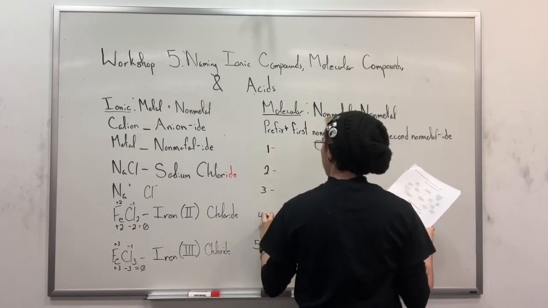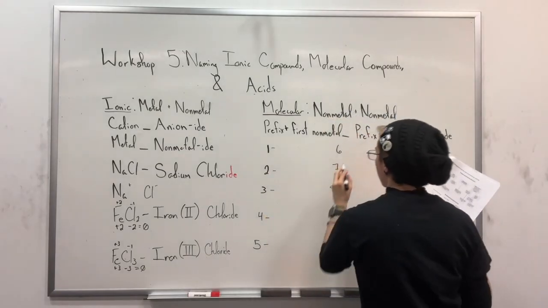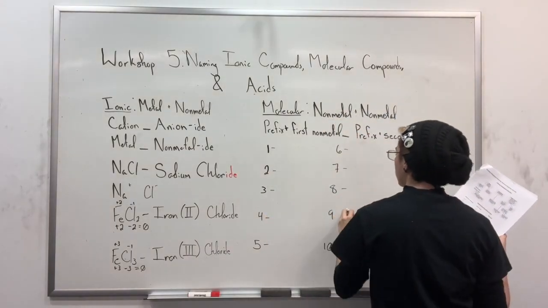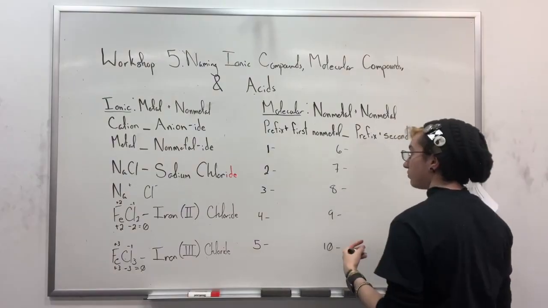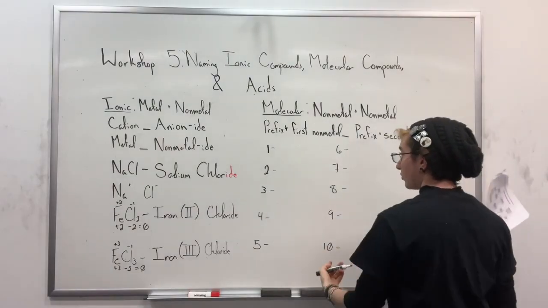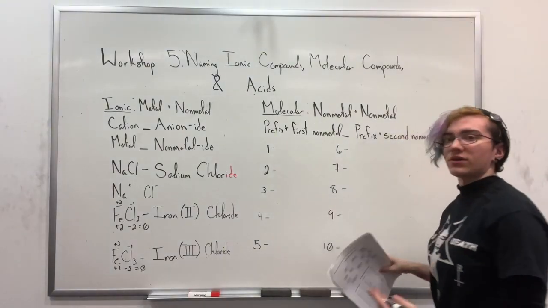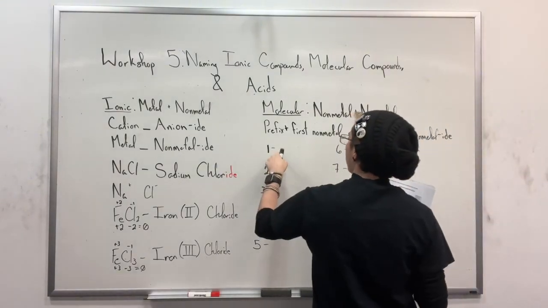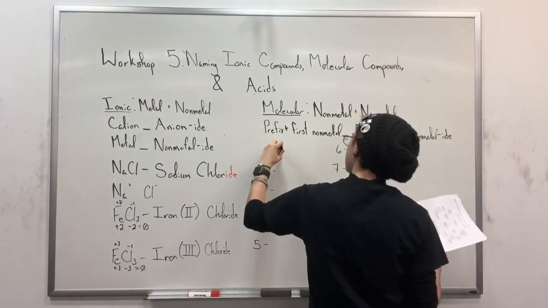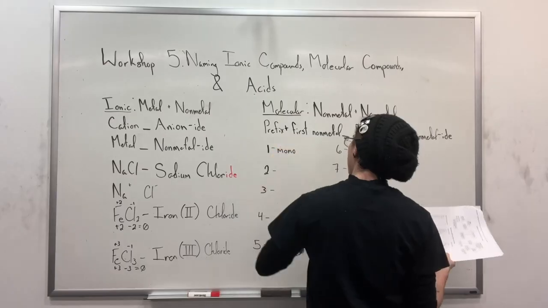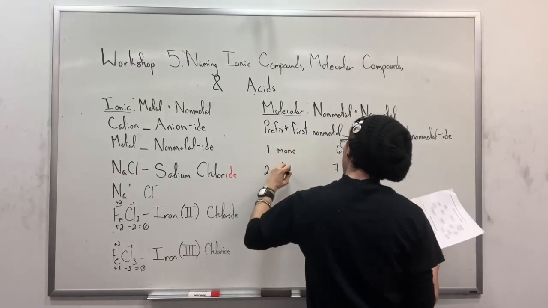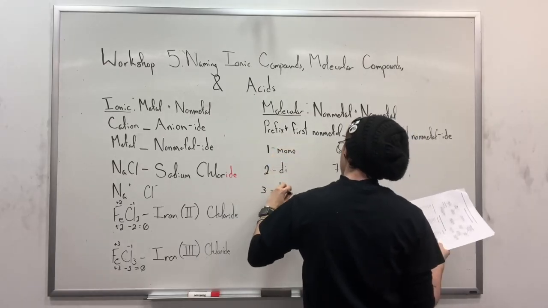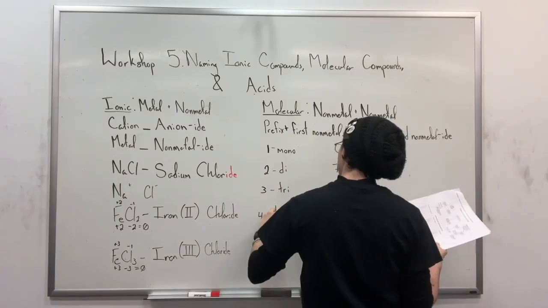A lot of these are going to be familiar if you are comfortable with geometry, or at least remember a lot of the names of the shapes that are associated with these numbers. It's really 1 through 4 that don't follow that same numbering system. So if you have 1 of an element, you're going to prefix it with mono. 2 will be di. 3 is tri. 4 is tetra.